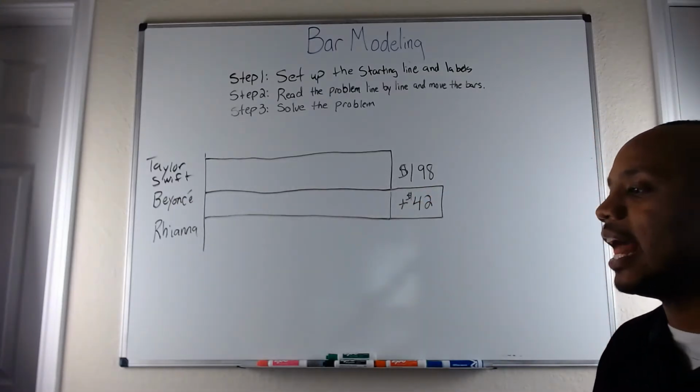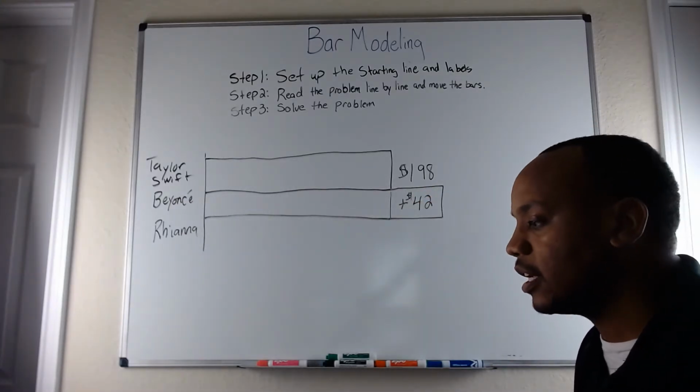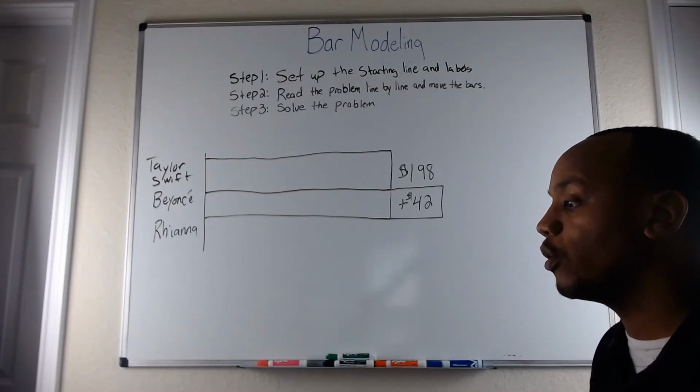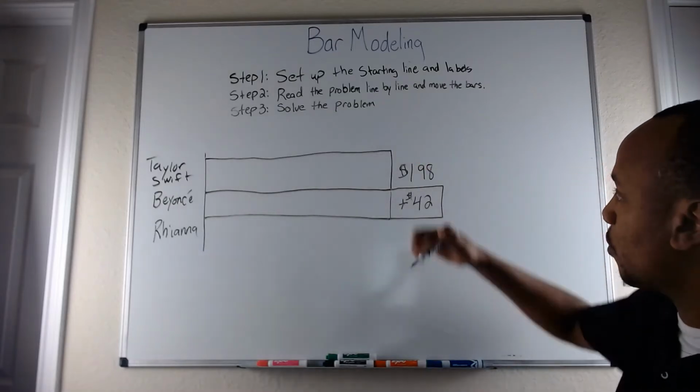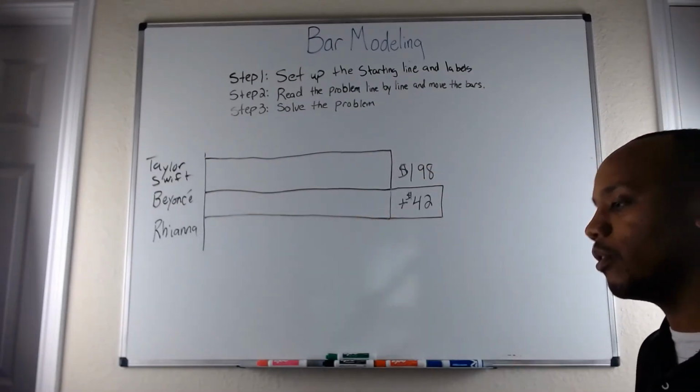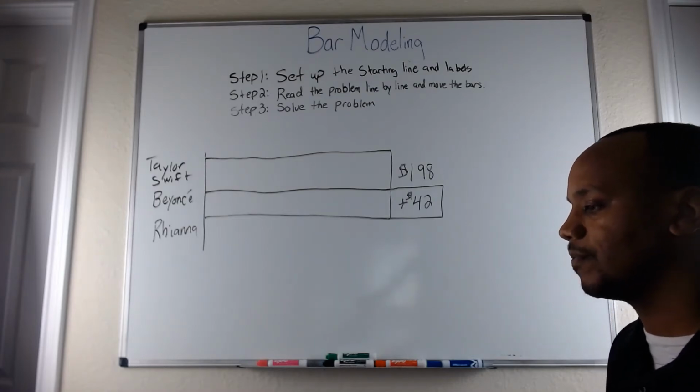Again, the second line says Beyonce's Formation tickets cost $42 more than Taylor Swift's tickets. So I cloned Taylor Swift's bar and I extended out $42 more for Beyonce.